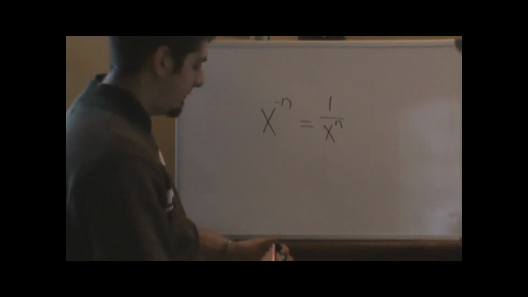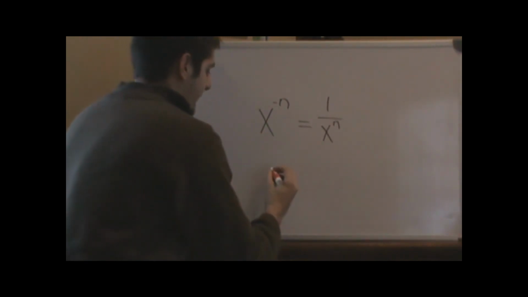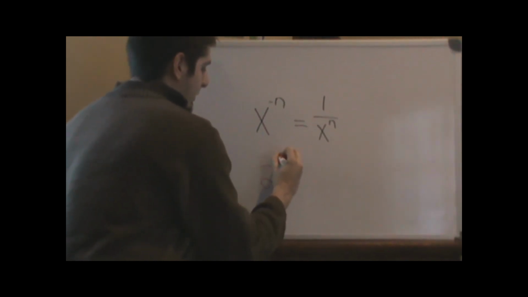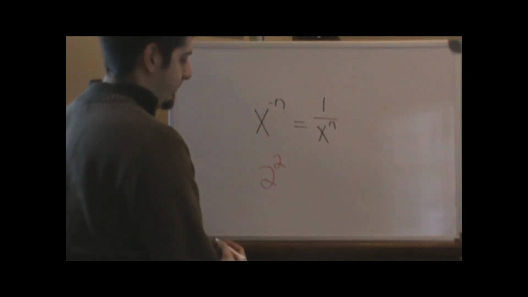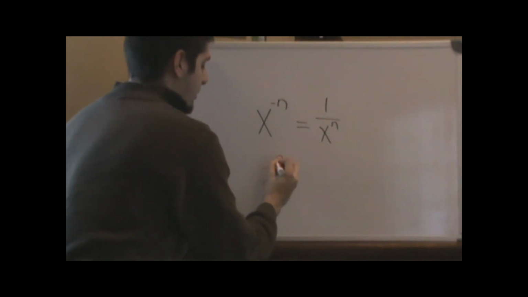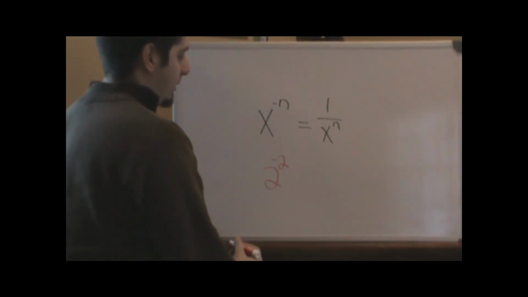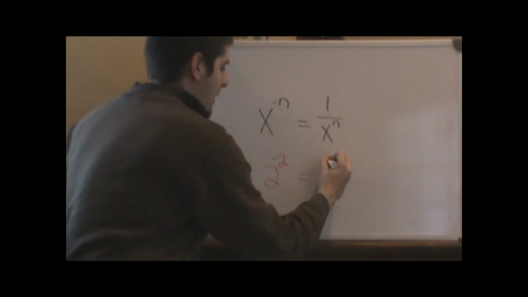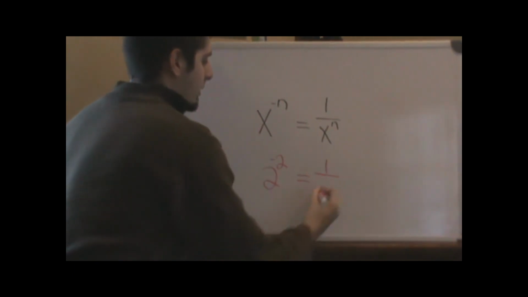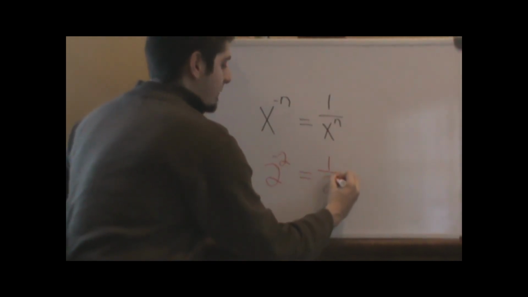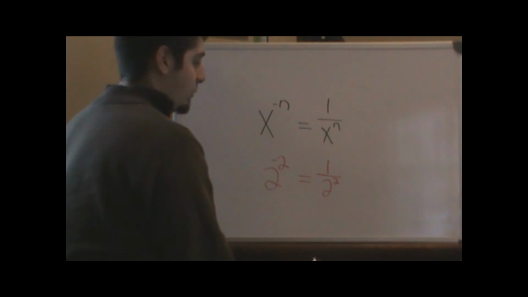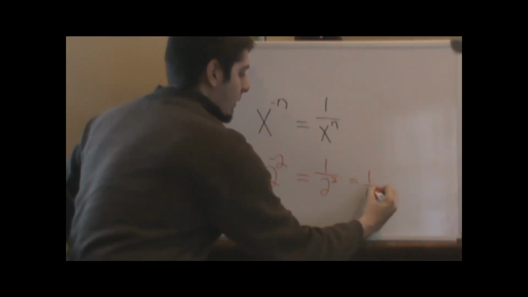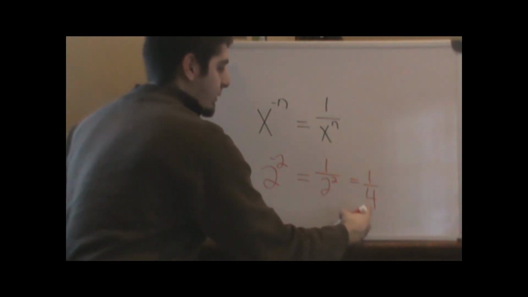To show you an example of this with numbers, 2 to the negative 2 power is equal to 1 over 2 to the positive 2. In other words, 1/4, because 2 to the second power equals 4.